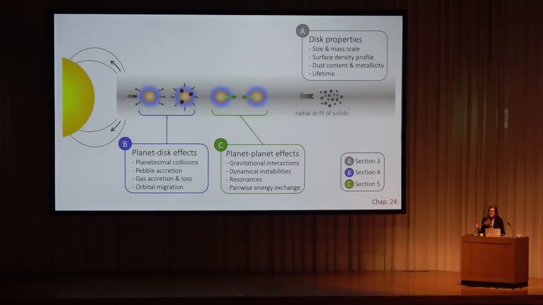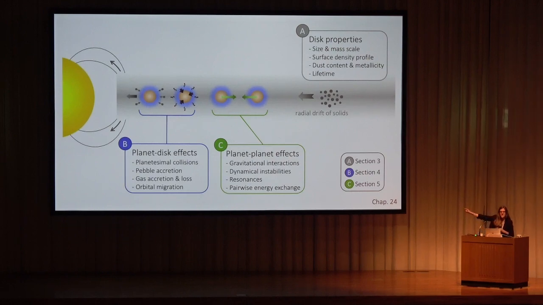It's useful to consider the following schematic roadmap to organize this discussion. The physical processes can be broadly split into three categories: the disk properties, planet-disk effects, and planet-planet effects. Disk properties are set by the formation of the star-disk system. Planet-disk effects include the conglomeration of dust and rocky material into progressively larger bodies, accretion of gas onto the planet, and migration driven by planet-disk interactions.